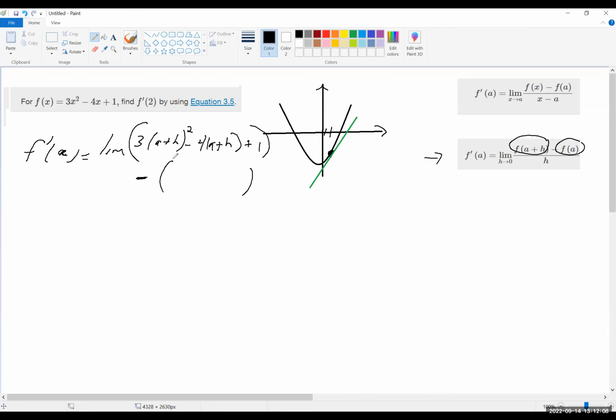I'll use brackets here and it'll make more sense. But basically, I just need to plug in a here.